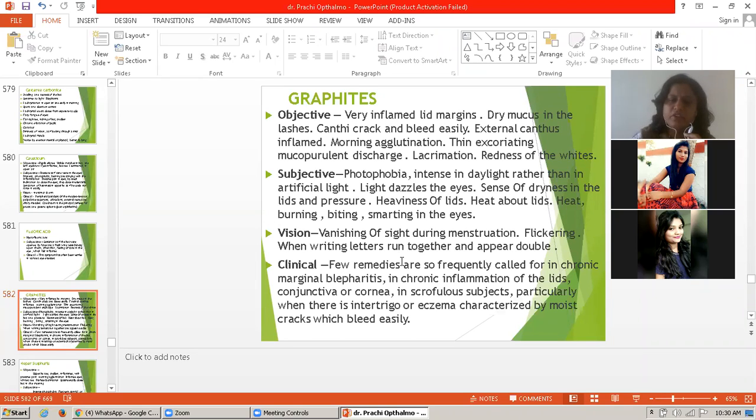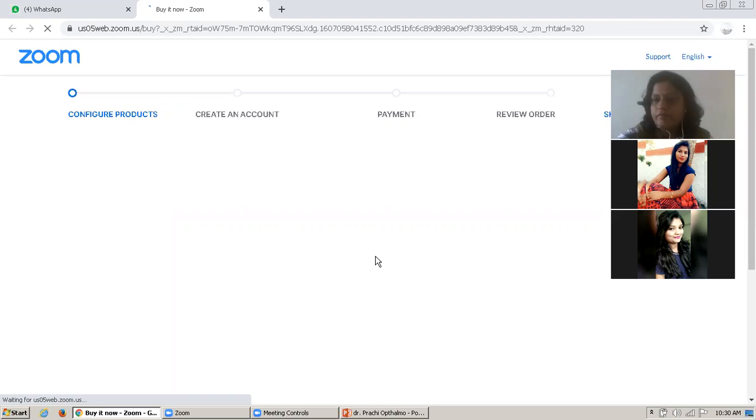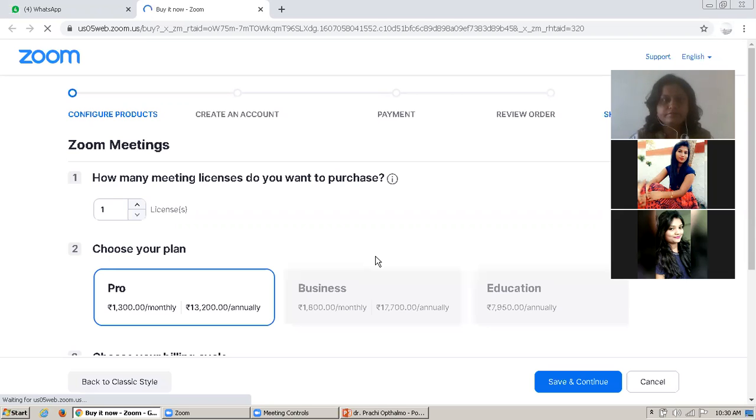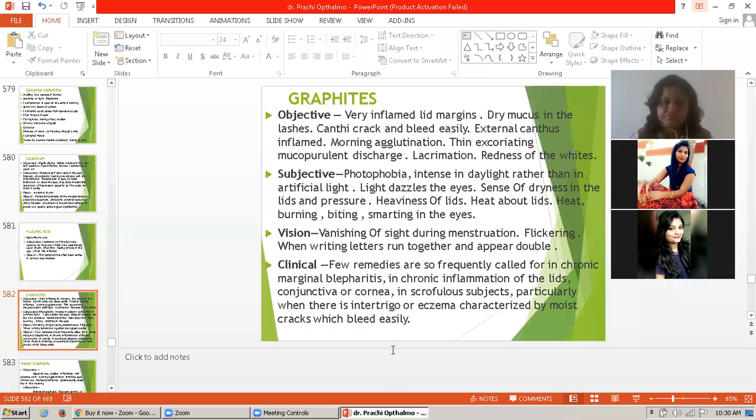And clinically, very few medicines are so frequently called for in chronic marginal blepharitis, in chronic inflammation of the lid, cornea, conjunctiva, and in scrofulous subjects, particularly when there is intertrigo or eczema characterized by moist cracks which bleed easily.